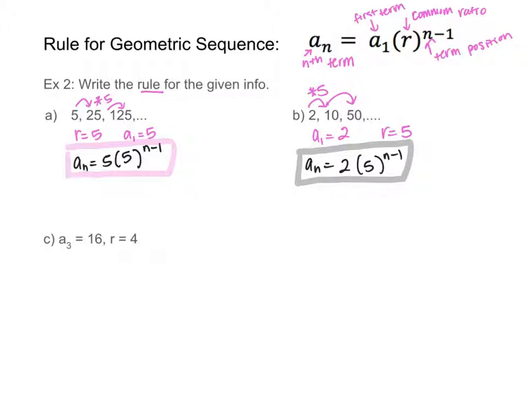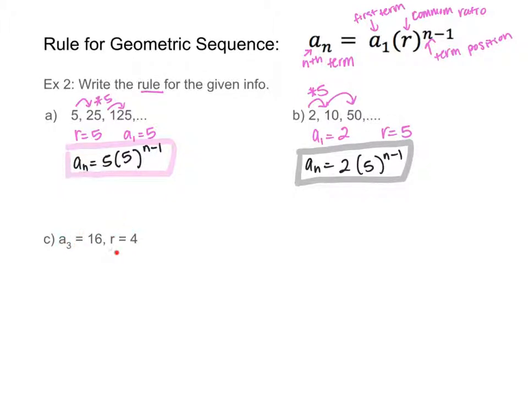So that means that if now I have a formula here, and I wanted to find the 25th term, all I have to do is plug in 25 for n and solve that out. So let's take a look at C next. For part C, notice that it doesn't give you A1 this time. Instead, it gives you A3.